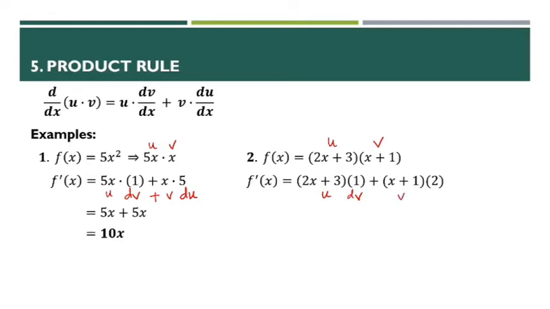Plus, we have v times derivative ng u, which is constant multiple 2, since constant 3 is equal to 0. So we have 2x plus 3 plus 2x plus 2. So distribute ito. Then, combining similar terms, 2x plus 2x, we have 4x, then 3 plus 2 is 5.